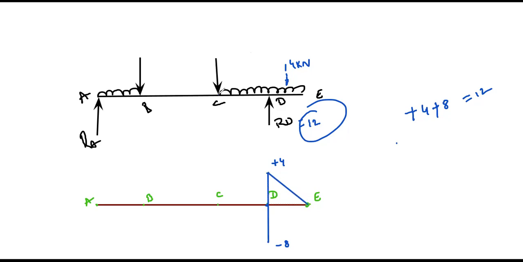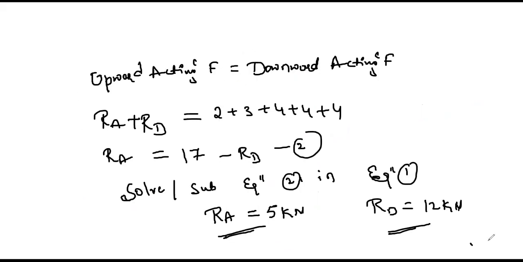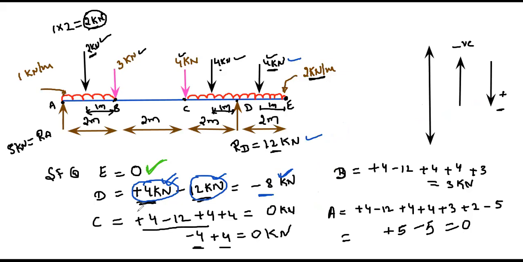Now at point C, what is the shear force at point C? Again, it is a combination of UDL and point load. First, we'll calculate without considering this point load, then after that, we'll consider that. First, we'll consider from here to here, this 4 plus 4 plus this 12.